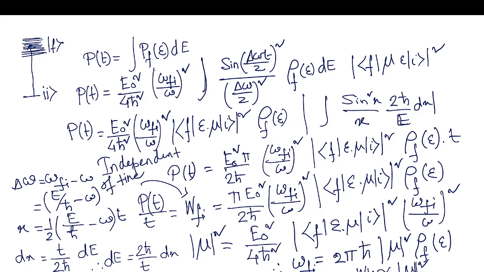So the rate of transition only depends on the probability of transition and the density of states, and that's why this is known as Fermi Golden Rule.